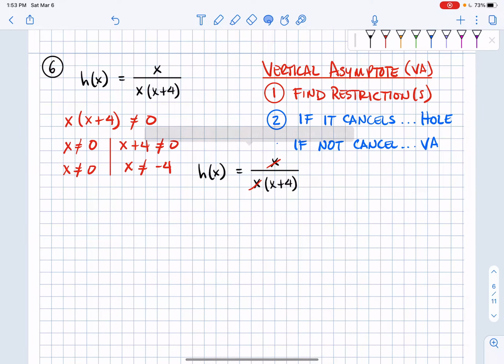Since the x canceled, that means the one with the x in the equation here is your hole. And the one that did not cancel, that is going to be your vertical asymptote. All right. So that would be choice A.